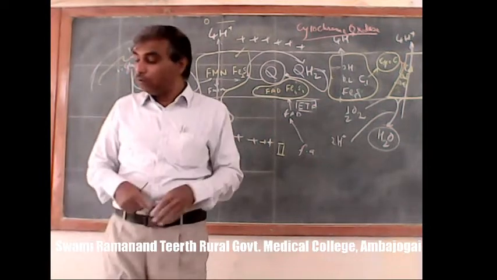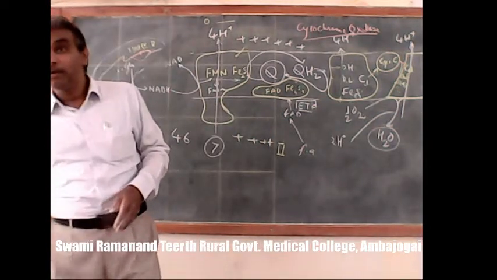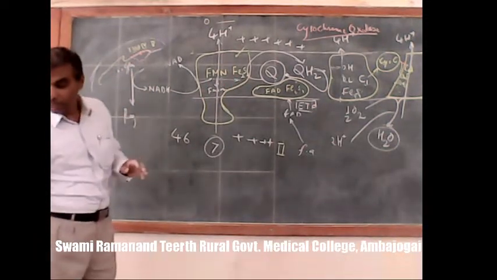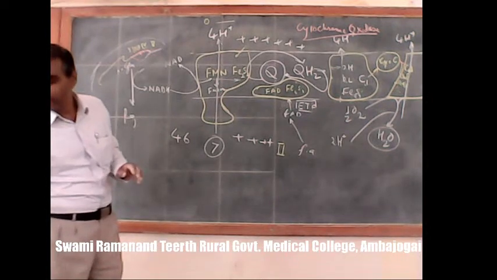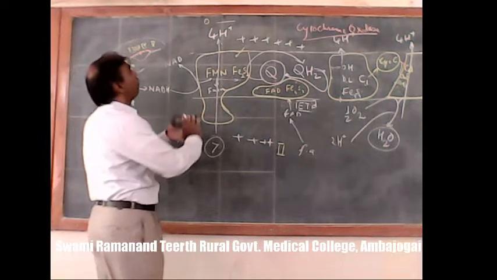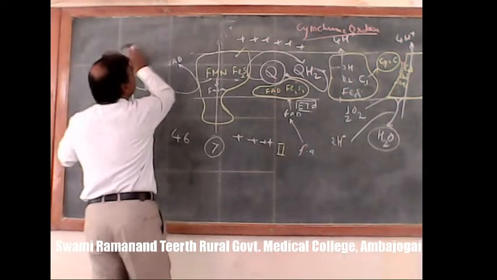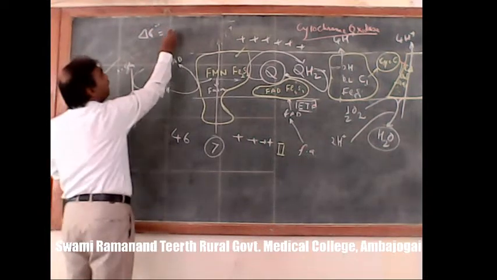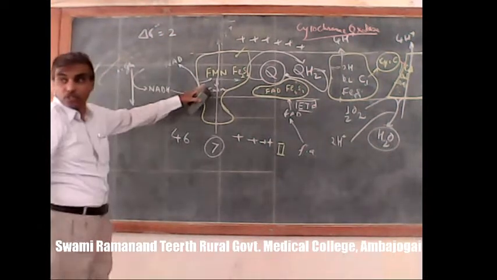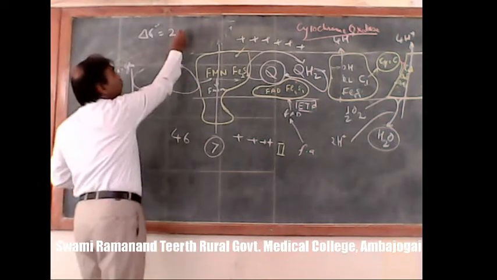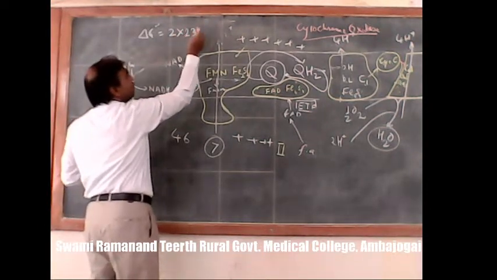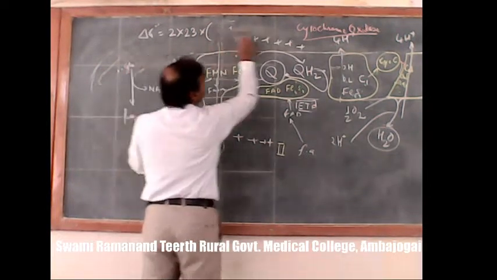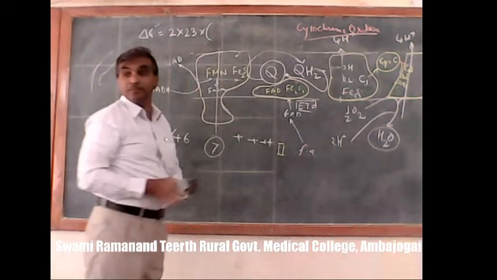Now again come to first thing first, that is delta G. How much energy is liberated? There are 2 electrons that are transported, into 23, that is Faraday's constant, into the drop of redox potential.